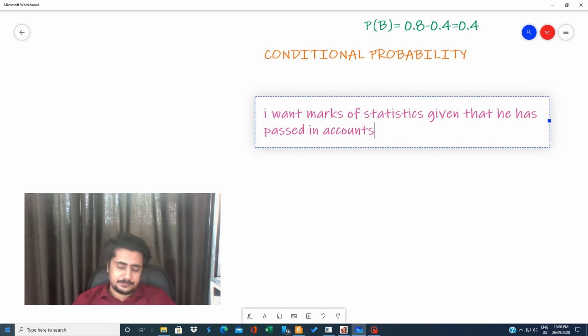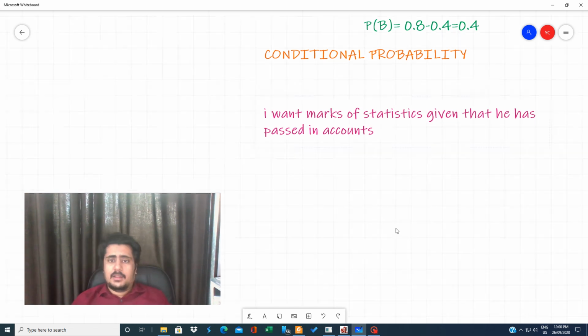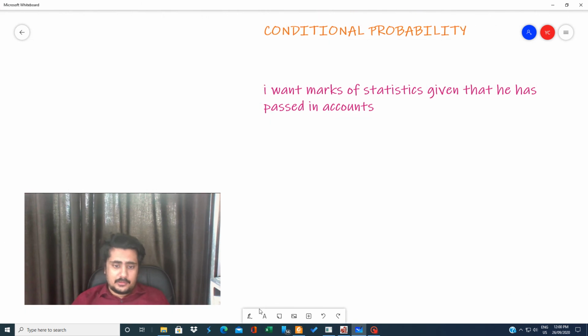Now see, there are two kinds of conditional probability.